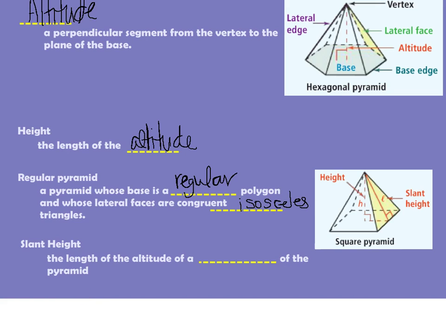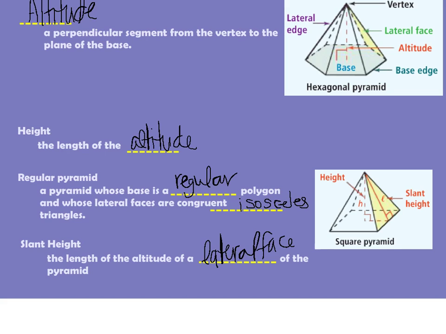So over here in our picture, here's our height from the vertex to the base, and then our slant height is from the vertex going along a lateral face. So lateral face is what you want to fit in here.